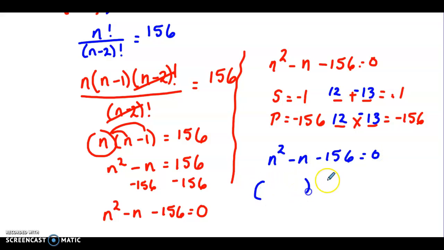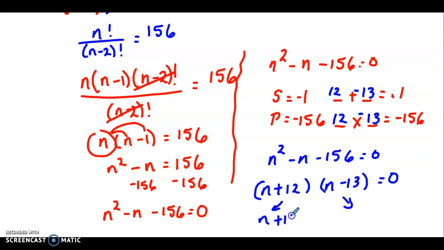So that trinomial factors into two binomials, n plus 12 and n minus 13. Using our zero product property, we have n plus 12 must be 0, or n minus 13 is 0.